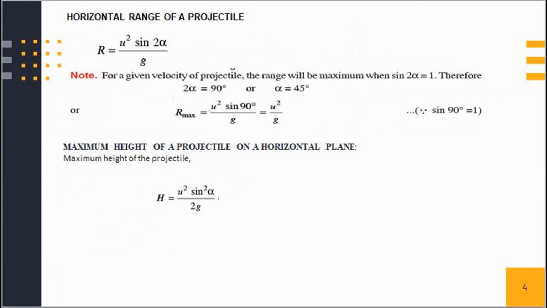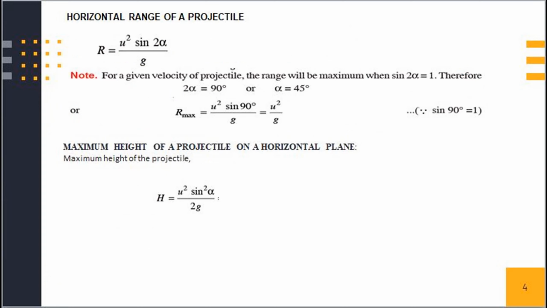We also have a formula for horizontal range of a projection, r is equal to u square sin twice alpha divided by g. Please note that for a given velocity of a projectile, the range will be maximum when sin twice alpha is equal to 1. Therefore, twice alpha is equal to 90 degree, or alpha is equal to 45 degree.